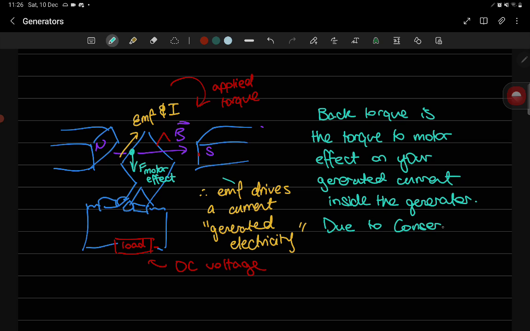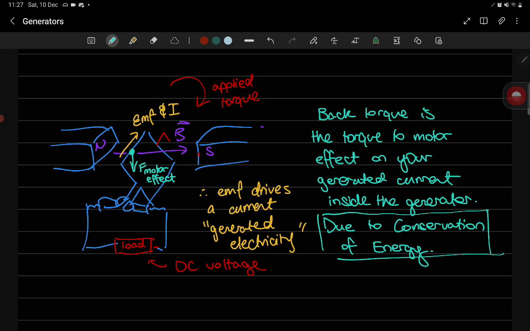And you can verify this using the same method I taught you before, called proof by contradiction. So you can assume that back torque actually acts along the applied torque and see where you get with that. You'll find that there is infinite energy, and therefore by contradiction, back torque must act against the applied torque.